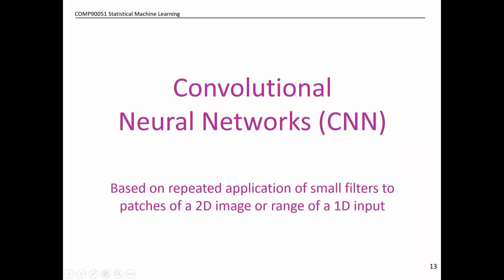I've talked about fully connected feed-forward networks. Fully connected as in each layer, you've got a fully connected layer. It means that all of the nodes in that layer have incoming edges from every node in the previous layer. Fully connected.